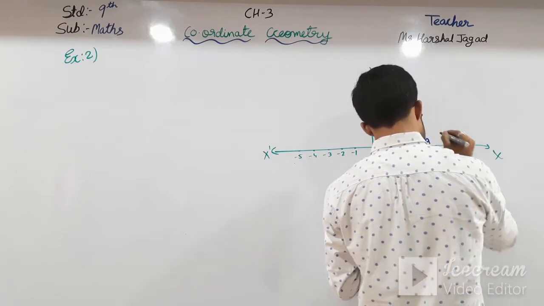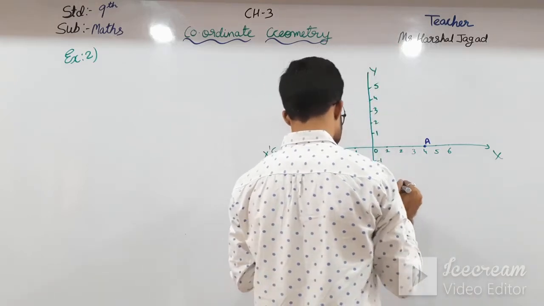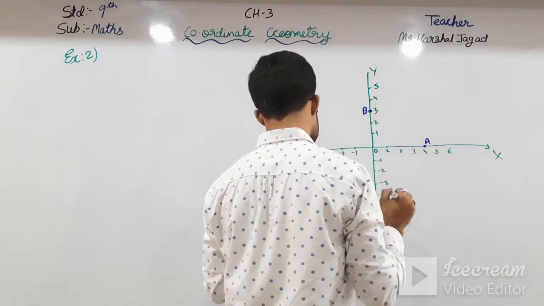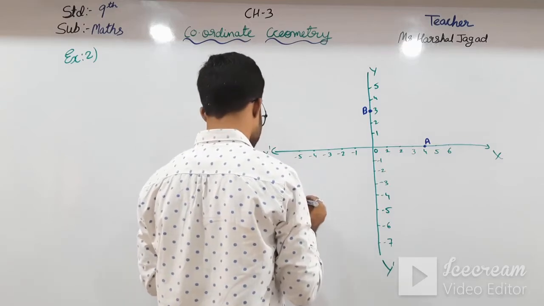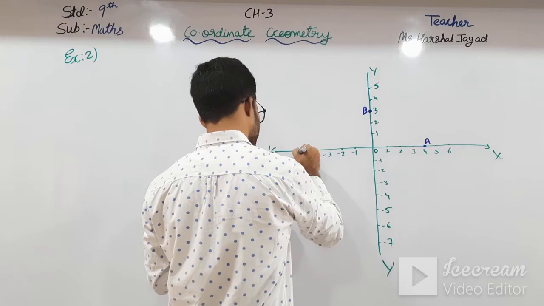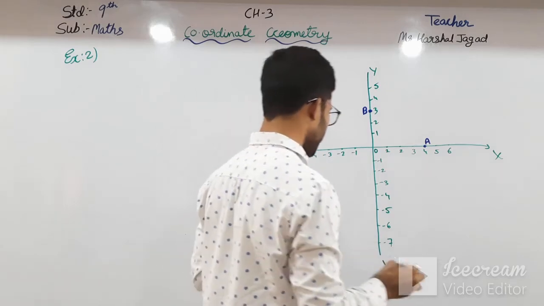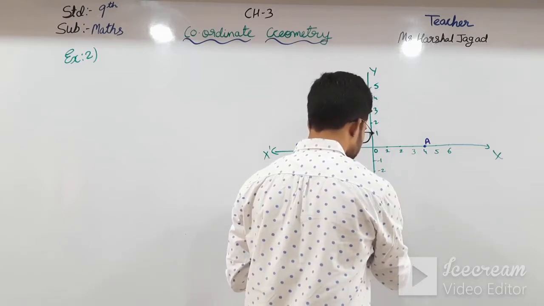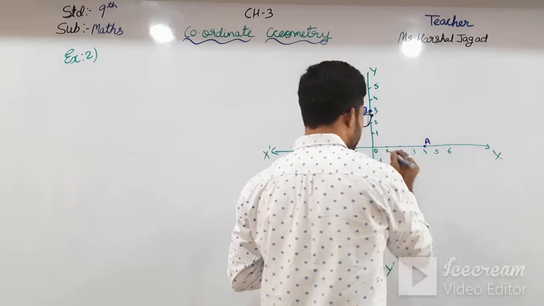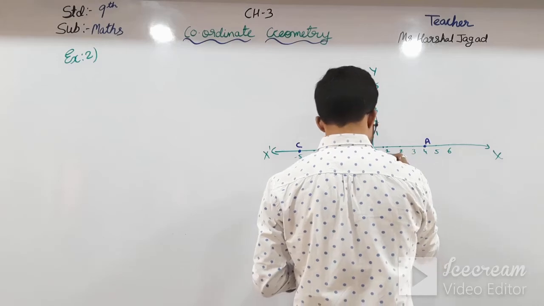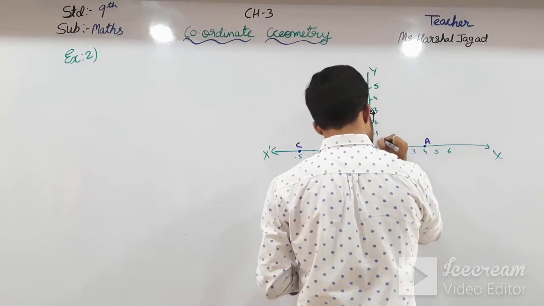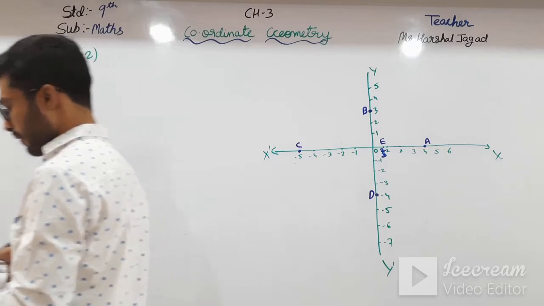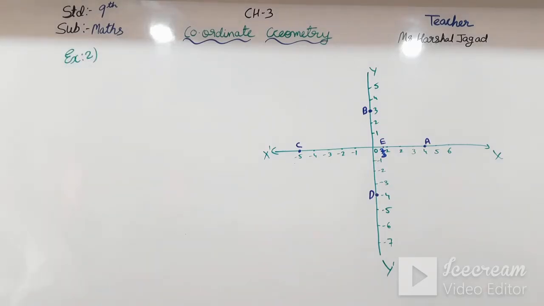It is over here, that is A. Then B, that is 3 on the y-axis, here B. And then C, that is on the x prime, here it is -5, that is C. And then comes D. D is -4 over here, so it is here D. Then E is over here and it is 2/3, that is E.